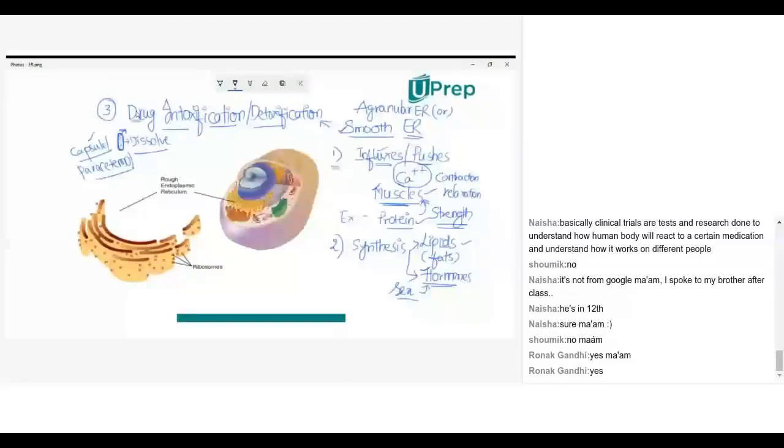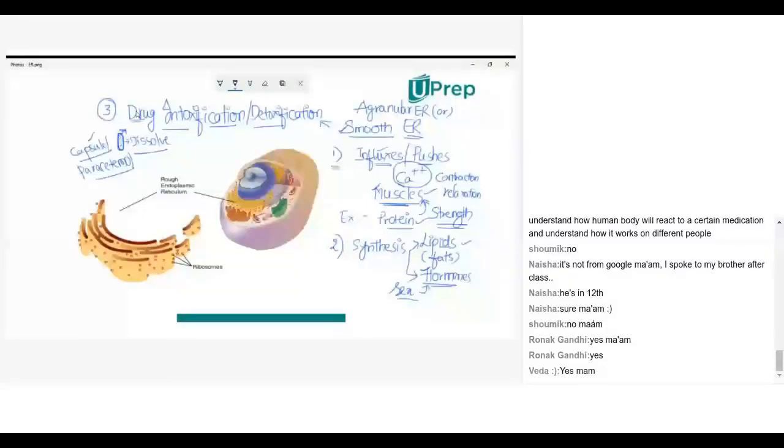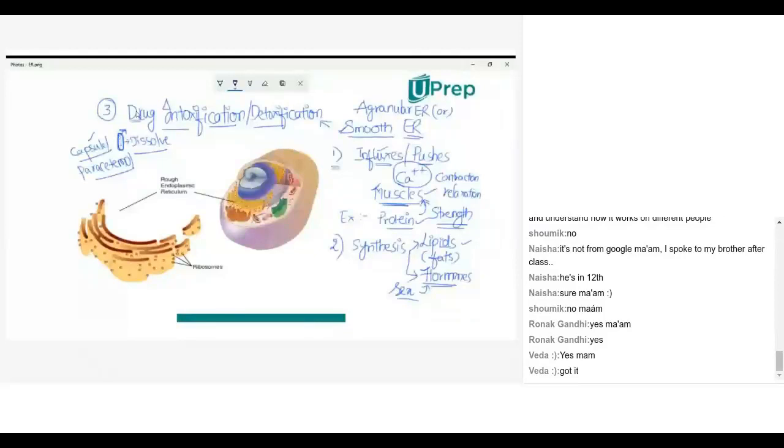So there should be something inside the cell which should nullify the side effect. We should not show the side effect. How can the side effect be nullified? By the functioning of smooth endoplasmic reticulum in the cell. What the smooth endoplasmic reticulum will do is, it will add an OH group. What is OH group?